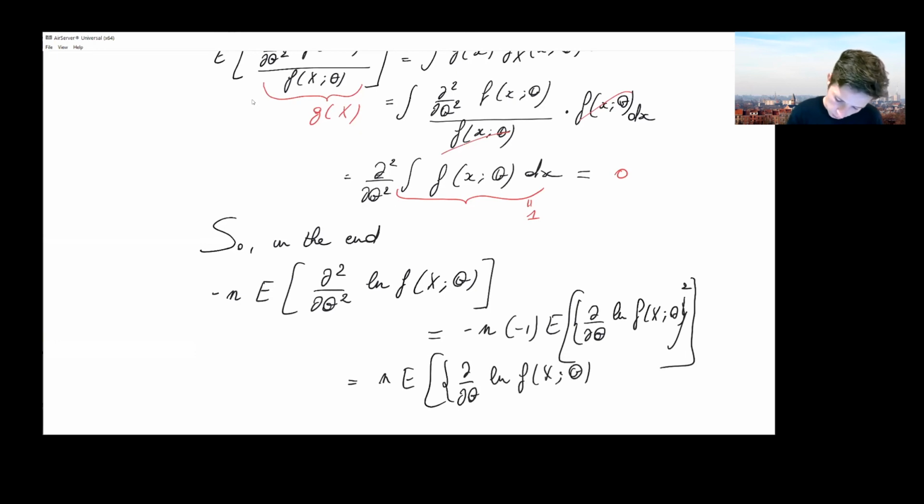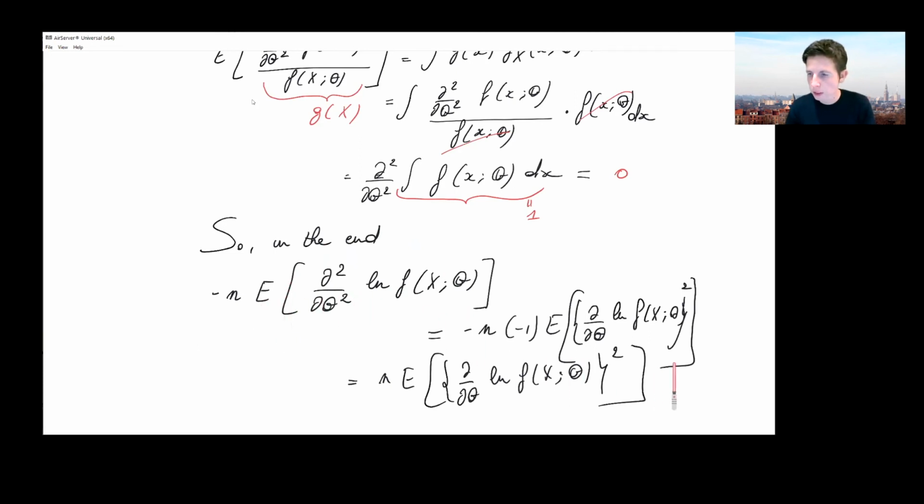So if you look back at the sheets, these were the two equivalent specifications for my Fisher information matrix that I wanted to investigate. And the reasoning that I built up is by starting from this expression, working it out more concretely, then bringing in the expected value, noticing that by taking the expected value, one of the terms that I end up with here would drop because it has expected value equal to 0.